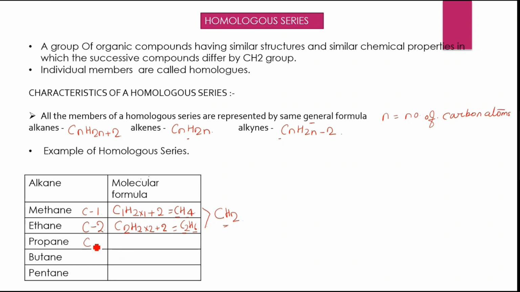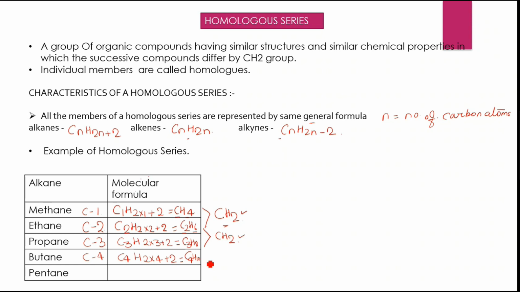Similarly, propane. Propane has 3 carbon atoms. So the molecular formula is C3H(2 into 3 plus 2), which is C3H8. Again, the difference between ethane and propane is a CH2 group. So these are homologous series in which the adjacent members differ by one CH2 group. Butane has 4 carbons, so the molecular formula is C4H(2 into 4 plus 2), which is C4H10.